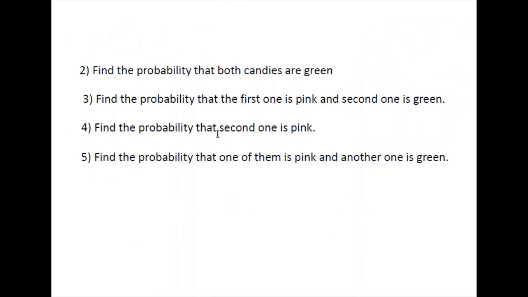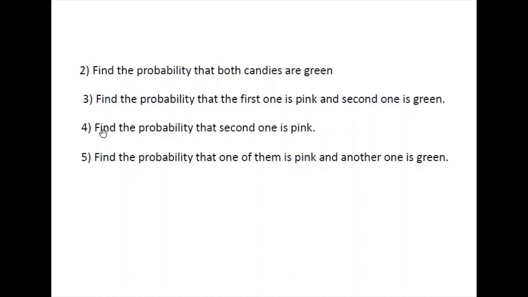Find the probability that the second one is pink. Please note that we don't have any information about the first one. For example, here, when both candies are greens, it means first one is green and the second one is green. In this part, we have that the first one is pink and second one is green.